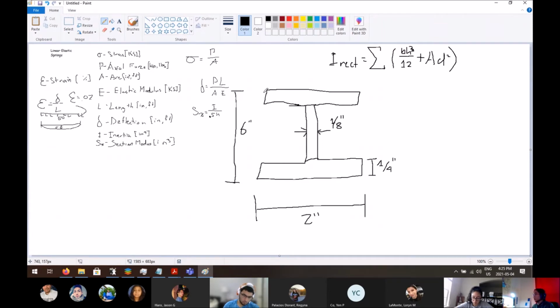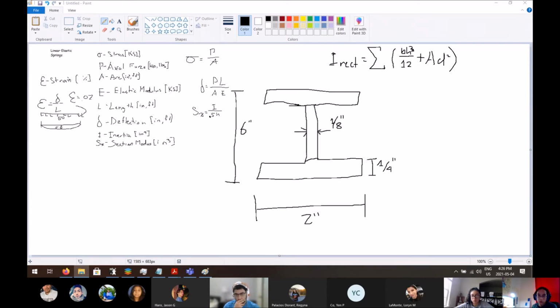So these are called flanges, and this is called a web. Flange thickness is 1/4 of an inch. The web thickness is 1/8 of an inch. The overall span, the length, I forget, is 2 inches, and then the overall depth is 6 inches. I gotta find the right terminology.